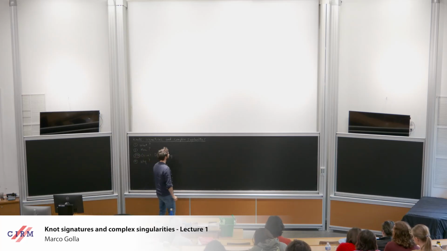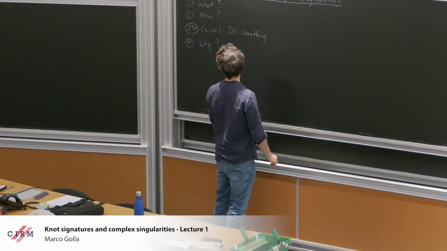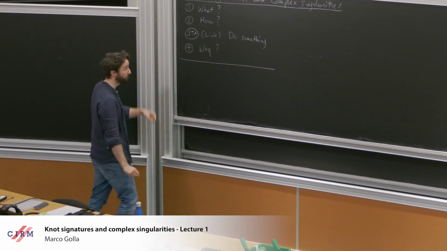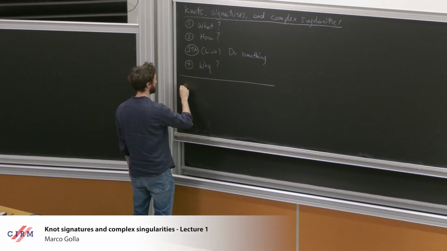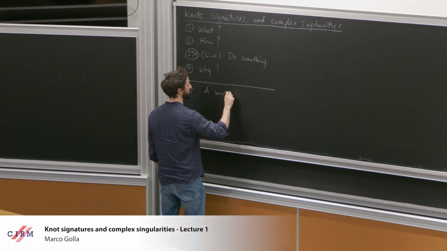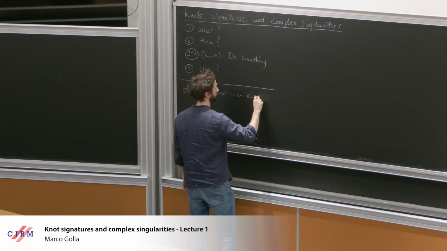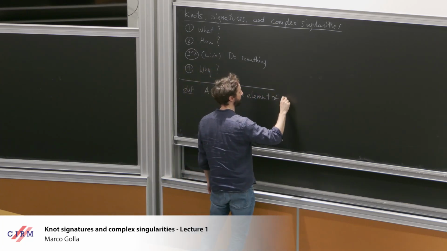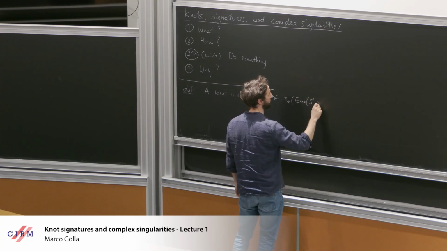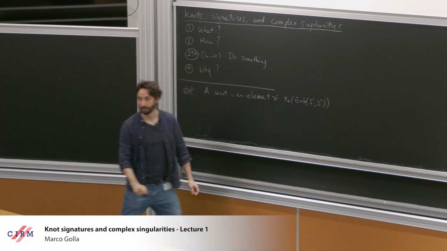So, what are we gonna talk about? Well, you all know, we've seen today, actually, in definition, a knot is an element of pi 0 of embedding of S1 into S3.